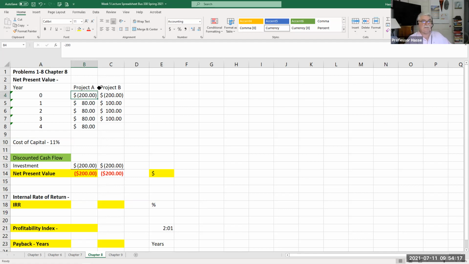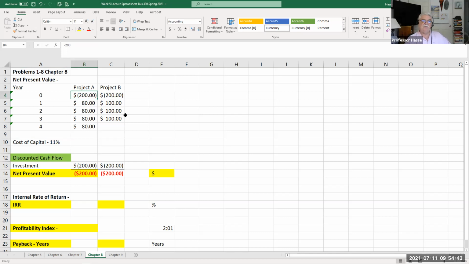Did we issue stock? Did we use our profits, taking that money away from our investors by spending the profits? What is our cost of money? In this problem, it's 11%. It cost us 11% to get the $200 to invest in projects A and B. So that's our cost of money.